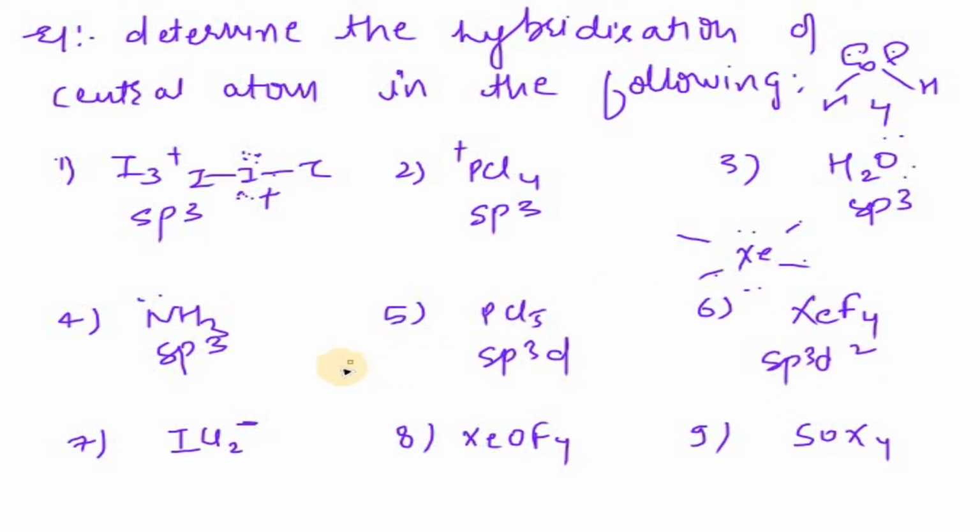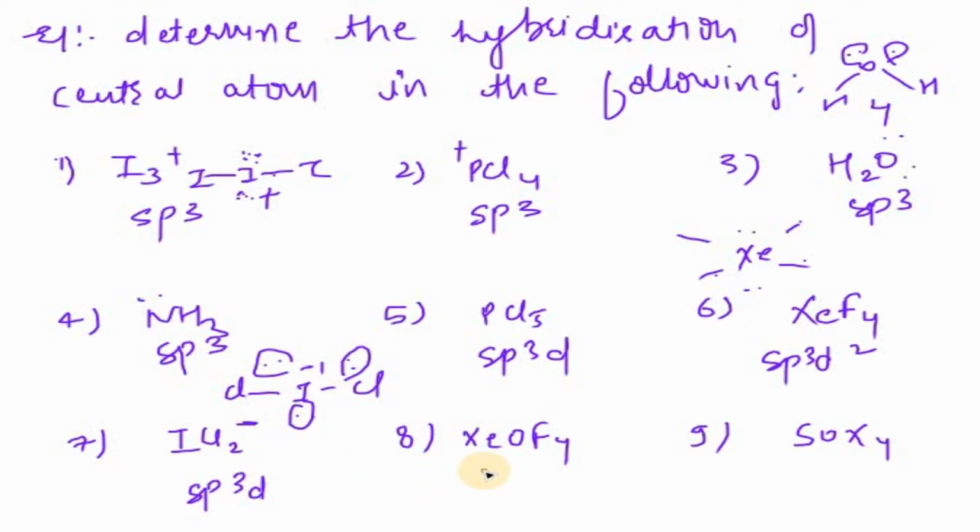ICl2-, iodine is surrounded by 2 chlorine atoms and has a negative 1 charge, and here we get 3 lone pairs. So it is a hypervalent compound, and it is sp3d.